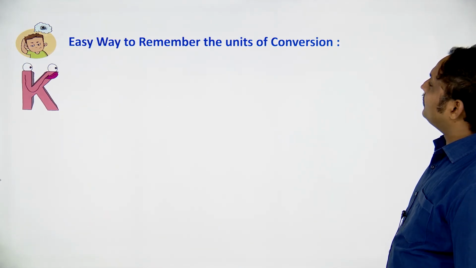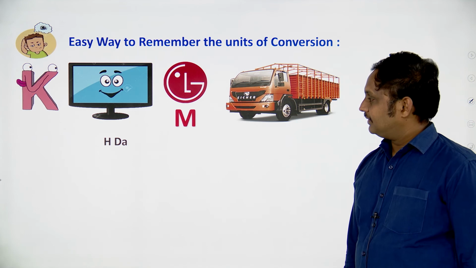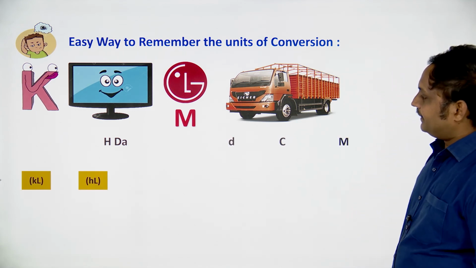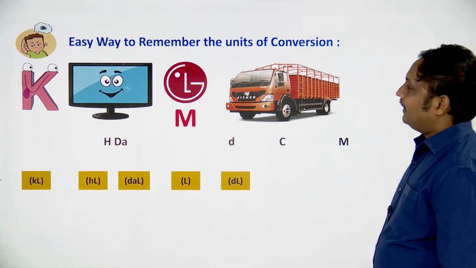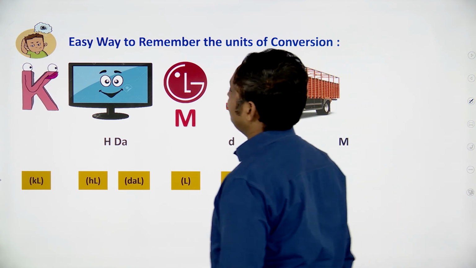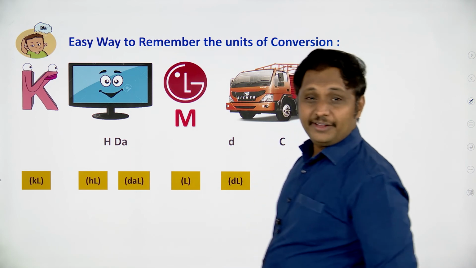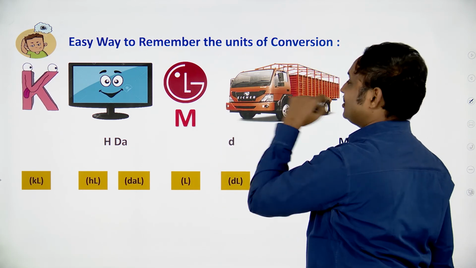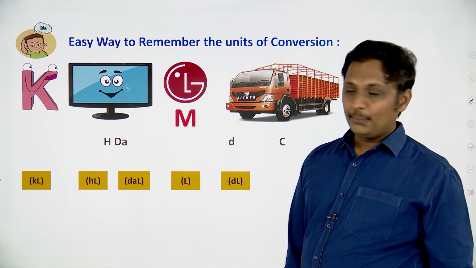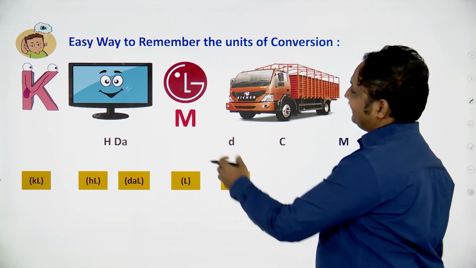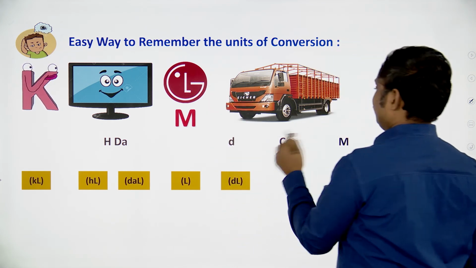An easy way to remember the units of conversion. Here, just see, that is going to be the K, this is going to be the HD TV, this is going to be the LG company logo. Yeah, LGM, and we have to get the DCM.